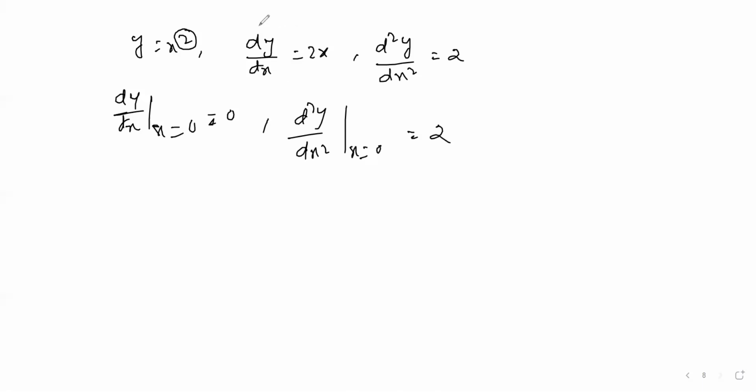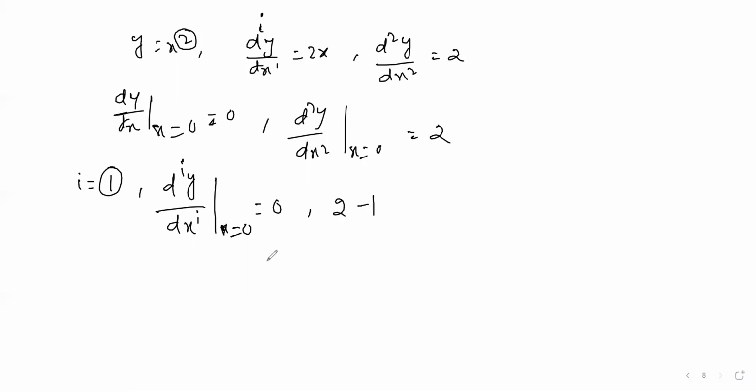See, this is dy, meaning 1, and this is 2. Now if you take i here, then what will happen? When i equals 1, we can say that d^i y by dx^i at x equals 0 equals 0. 1 means what? 1 means it is 2 minus 1.